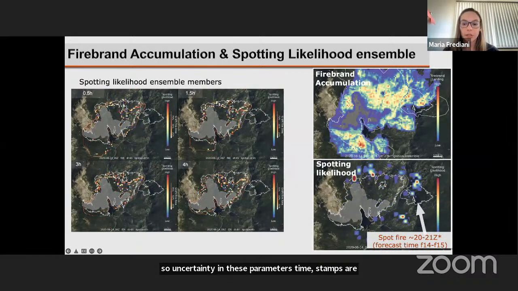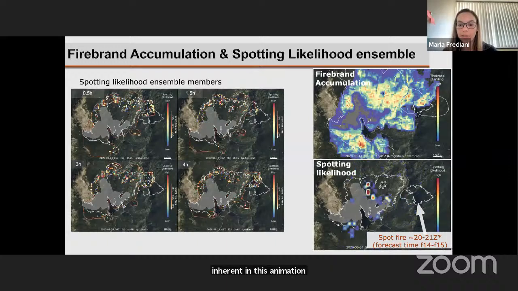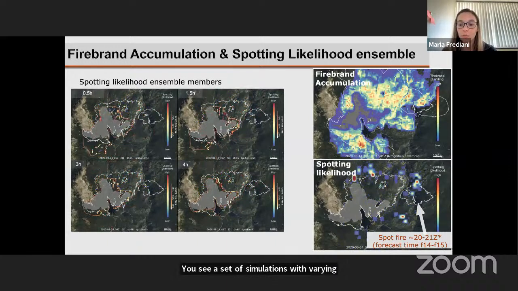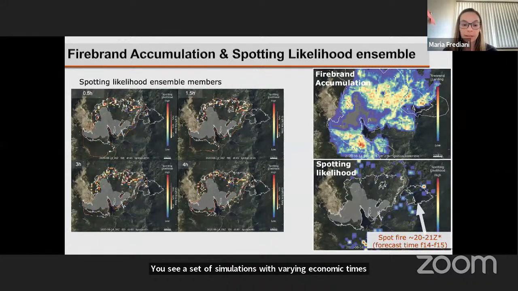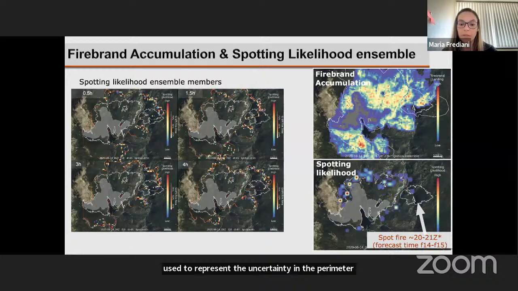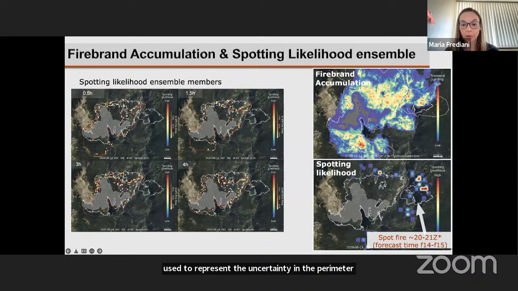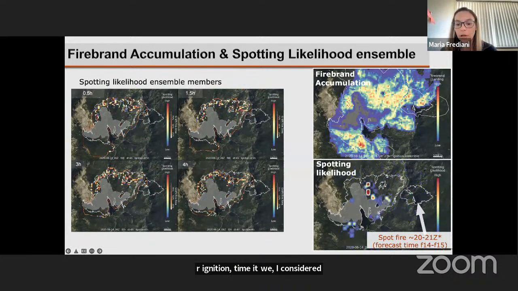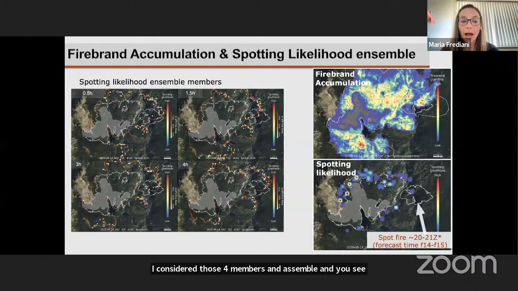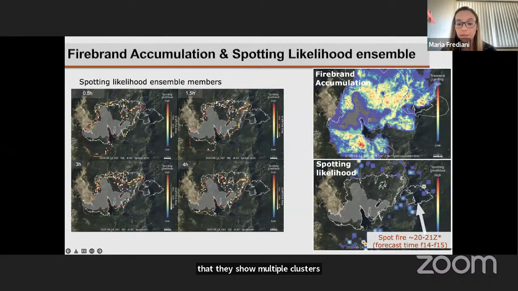In this animation, you see a set of simulations with varying ignition times used to represent the uncertainty in the perimeter ignition time. I considered those 4 members an ensemble, and you see that they show multiple clusters with high fire spotting likelihood.